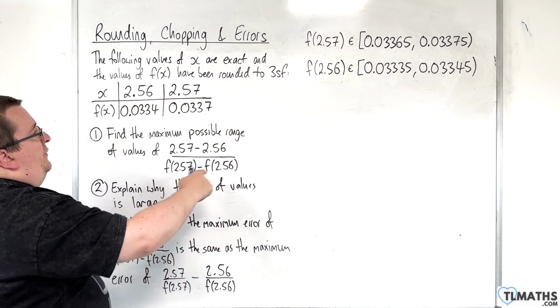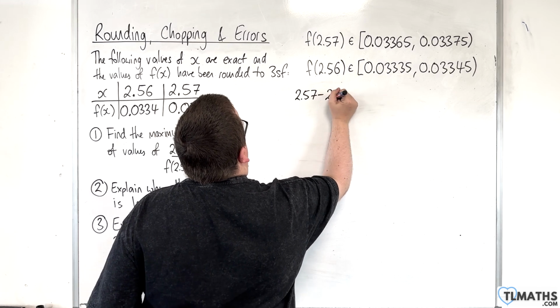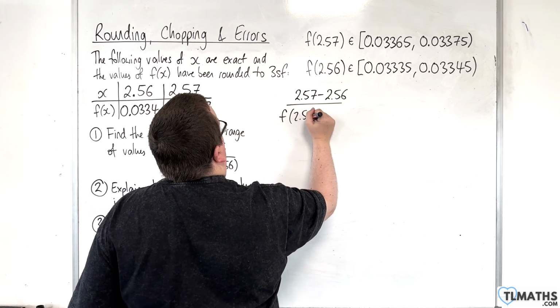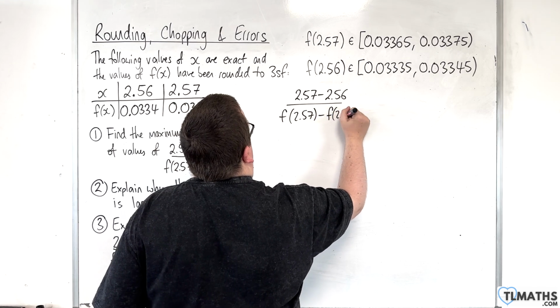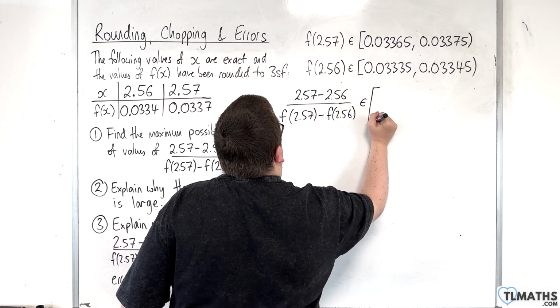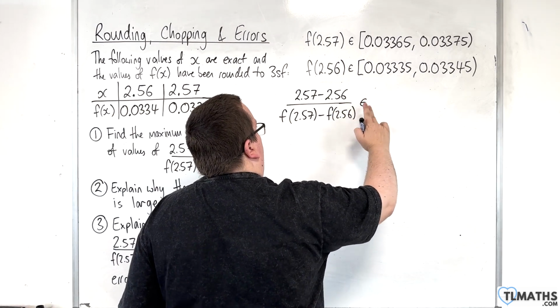So for this calculation, 2.57 take away 2.56 over f(2.57) take away f(2.56). Well, let's not get ahead of ourselves. Might not be a square bracket.